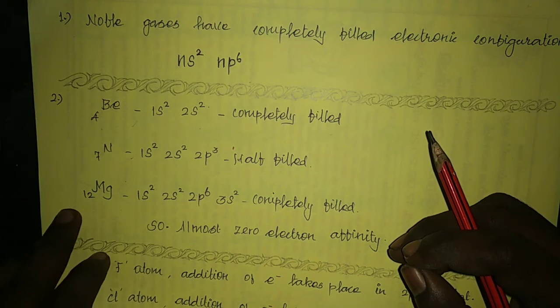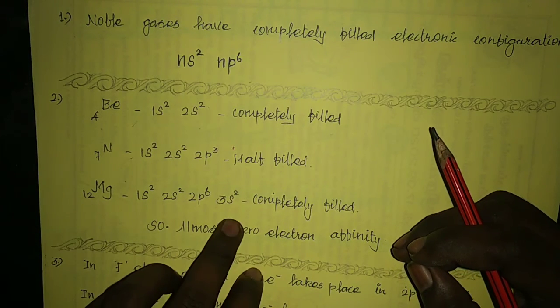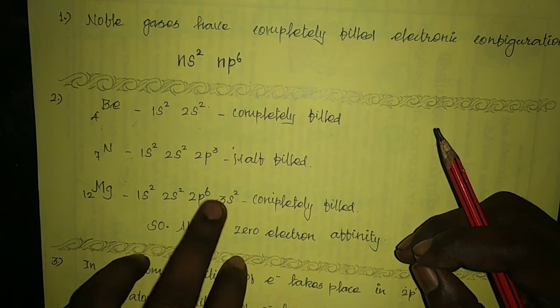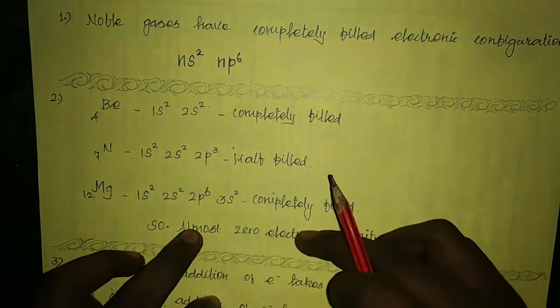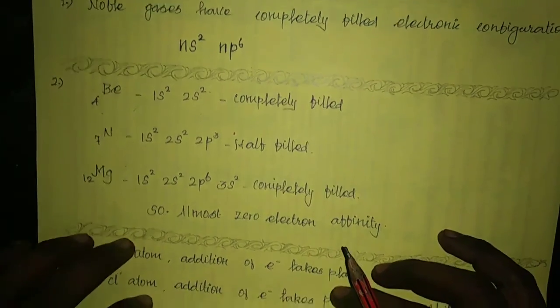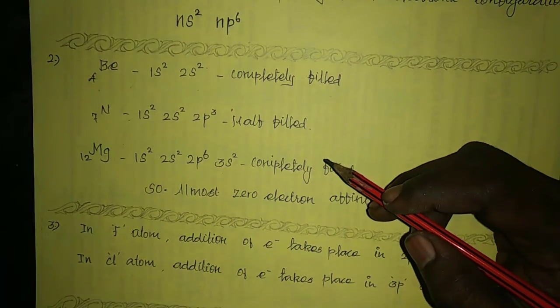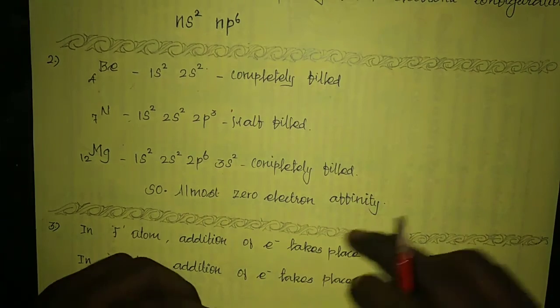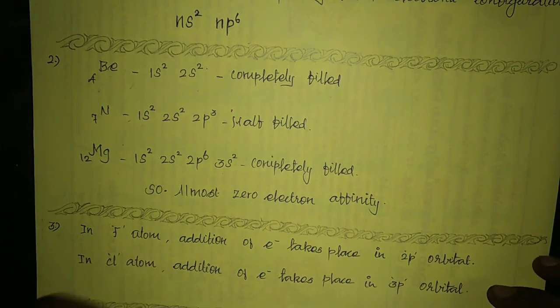Then magnesium, its atomic number is 12 and the electronic configuration is 1s2, 2s2, 2p6, 3s2. So all the orbitals are completely filled. So since these atoms possess half filled and completely filled configuration, they possess almost zero electron affinity.